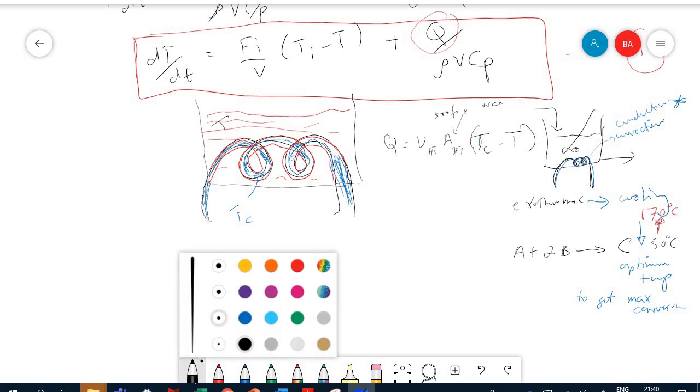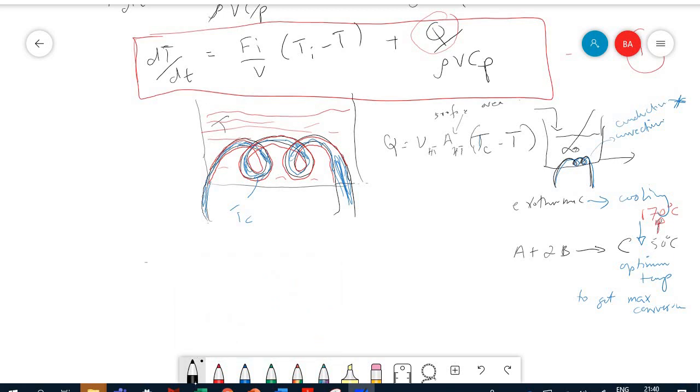So going back, we already have the equation dT by dt, and this is the equation for the Q, and I will consider this equation as number 10.